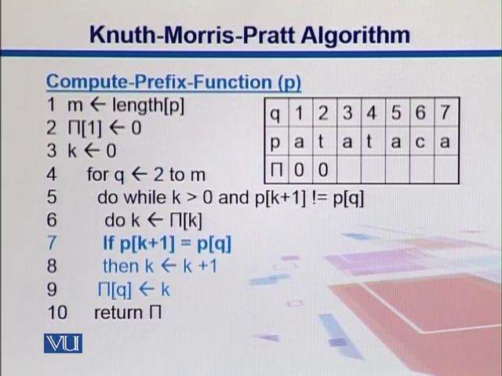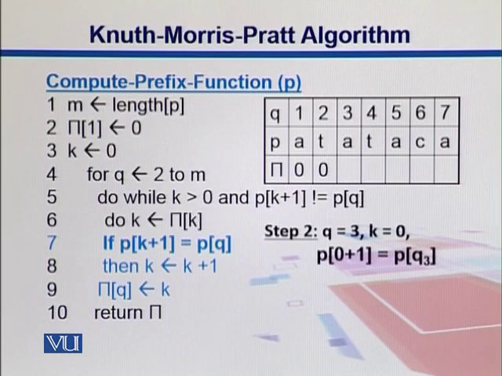Then we move to the second step. Since k is equal to 0, we won't go there, and we go to steps 5 and 6. Now we look at P of k plus 1. In the previous step k was 0, so we put 0 plus 1, which is P of 1, and q is incremented in this for loop, so now q is equal to 3.